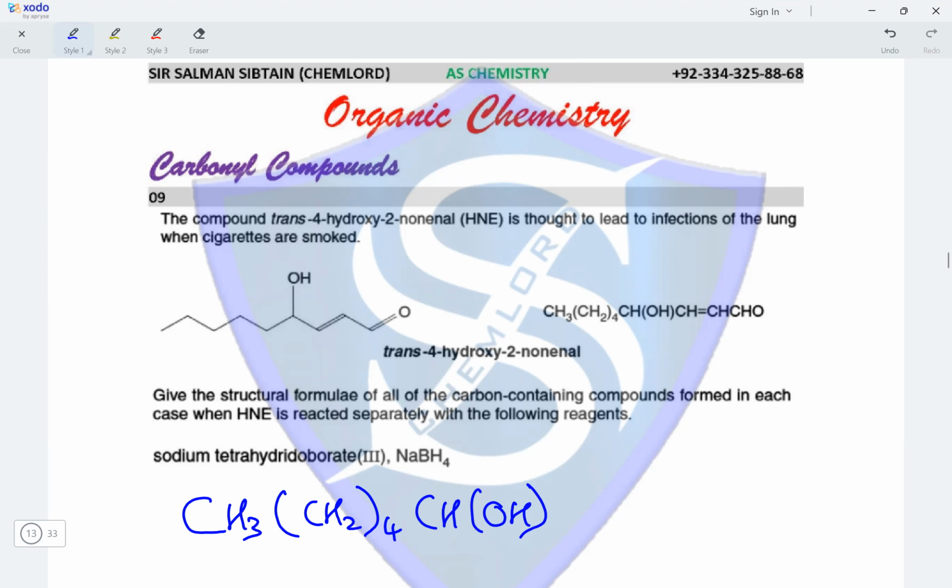Then we would have a CH double bonded to another CH, which will not be affected by the presence of NaBH4. But the CHO group would be converted into a CH2OH group, which is a primary alcohol. And that is what is formed when an aldehyde undergoes a reduction reaction.